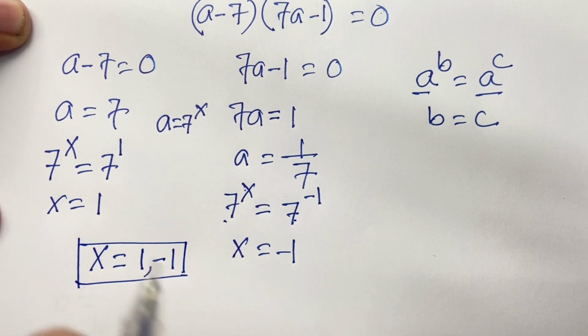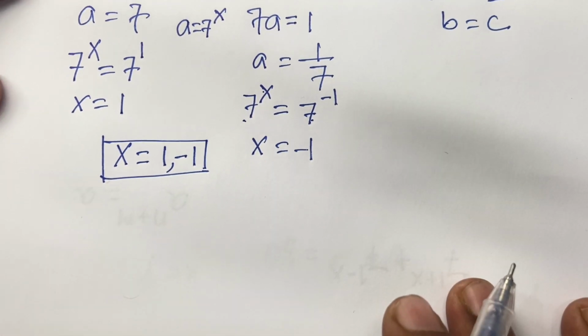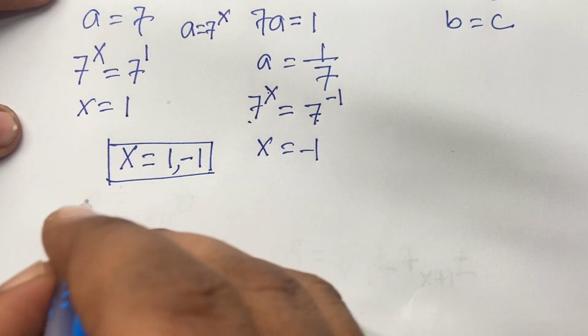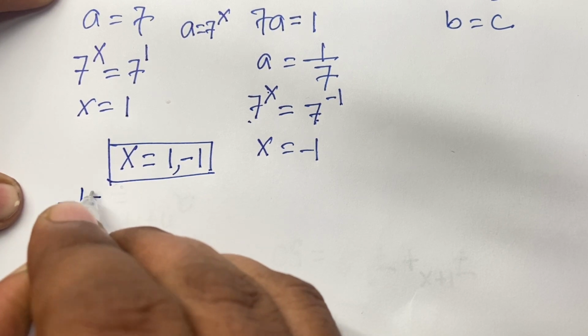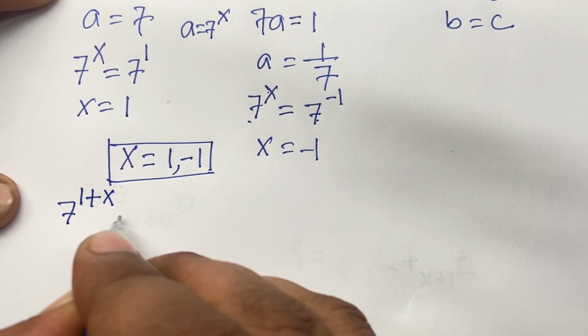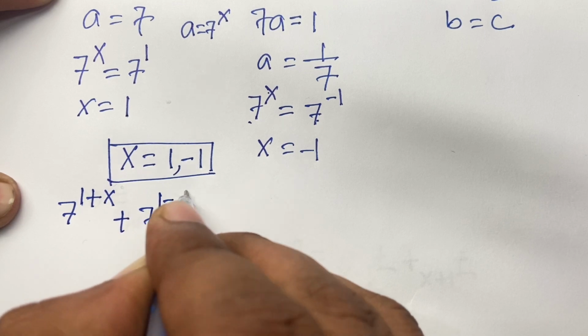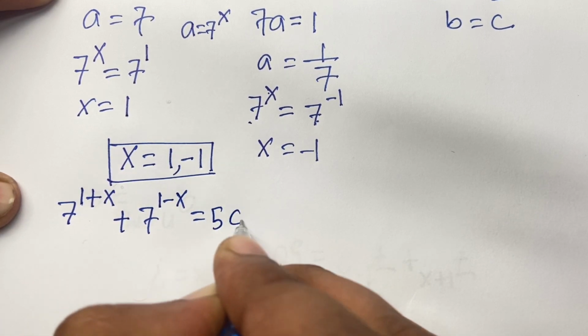Now let's prove it. Our first equation is 7^(1+x) + 7^(1-x) = 50. We found x equals 1. So 7^(1+1) plus 7^(1-1) equals 50.